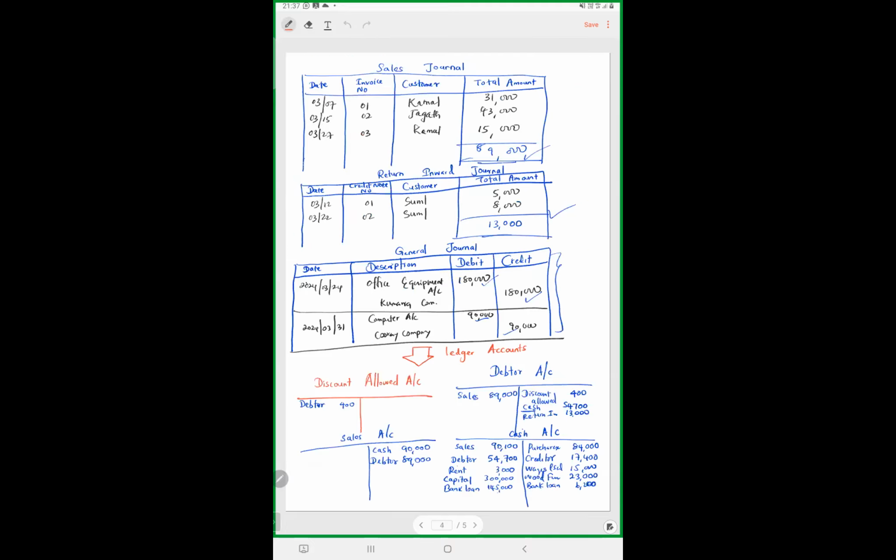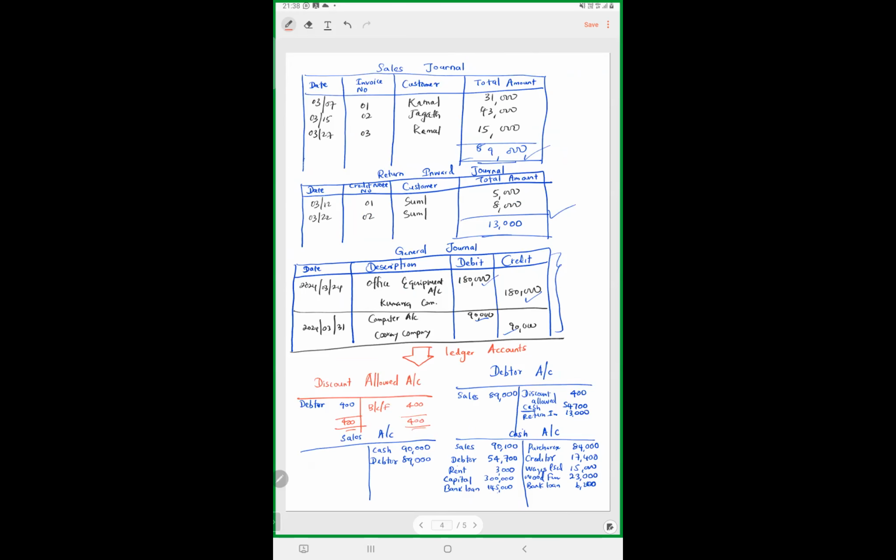Right? Then the first one is discount allowed. So we need to close this. 400, 400. So then we need to transfer to the trial balance, right? BCF. We are transferring this amount to the trial balance. So this is actually a debit balance.